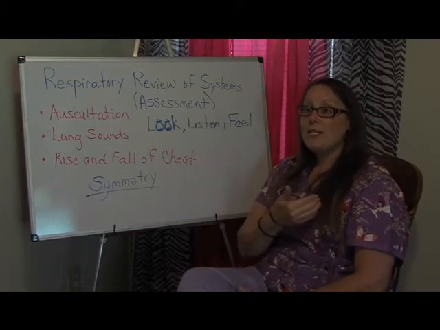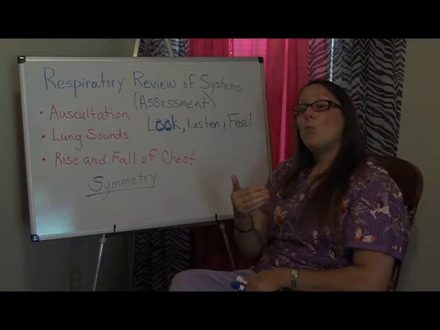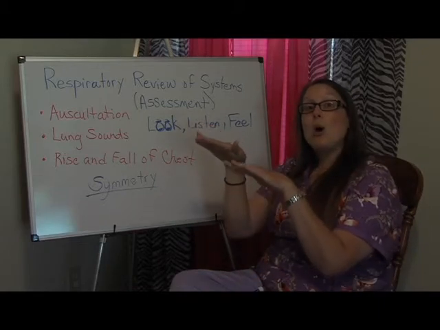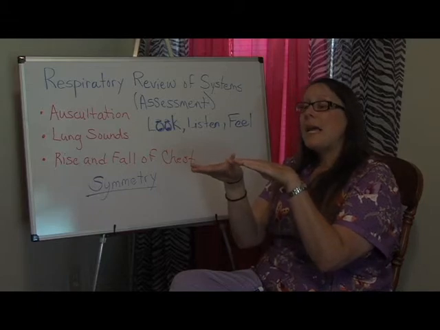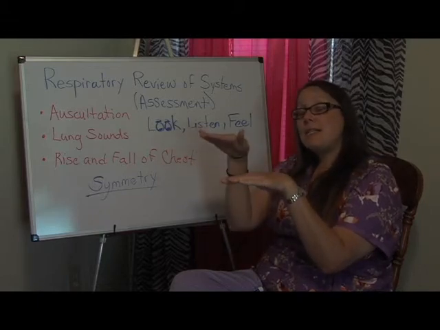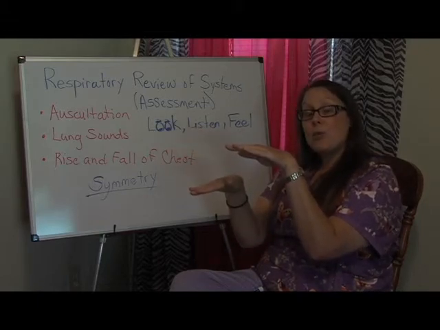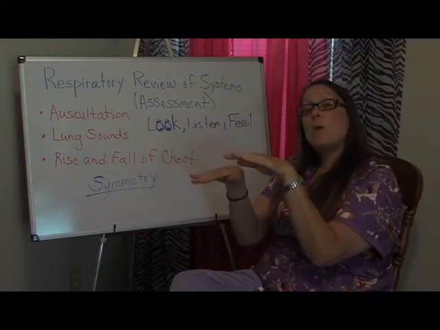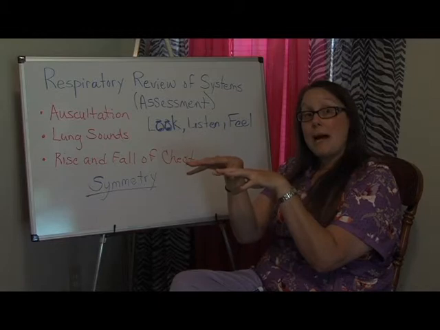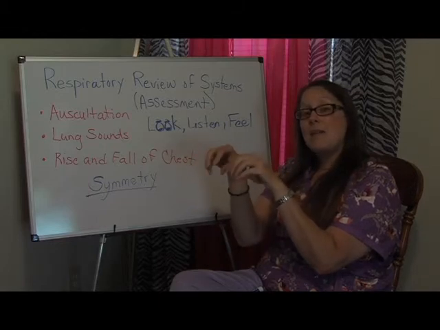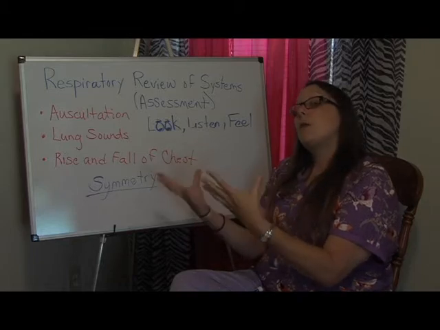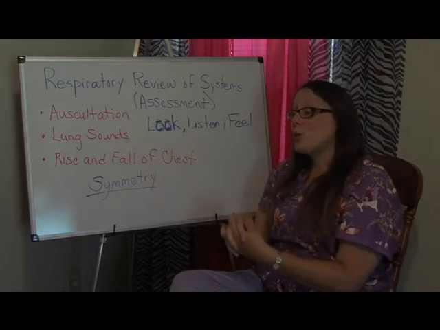You are determining whether or not there is a symmetric rise and fall of the chest. And if you're noticing asymmetry between the right and the left side, or vice versa, then that means one of those lungs has been compromised and that client may be having some type of respiratory distress. But we'll focus more on that when we get to our disorders.